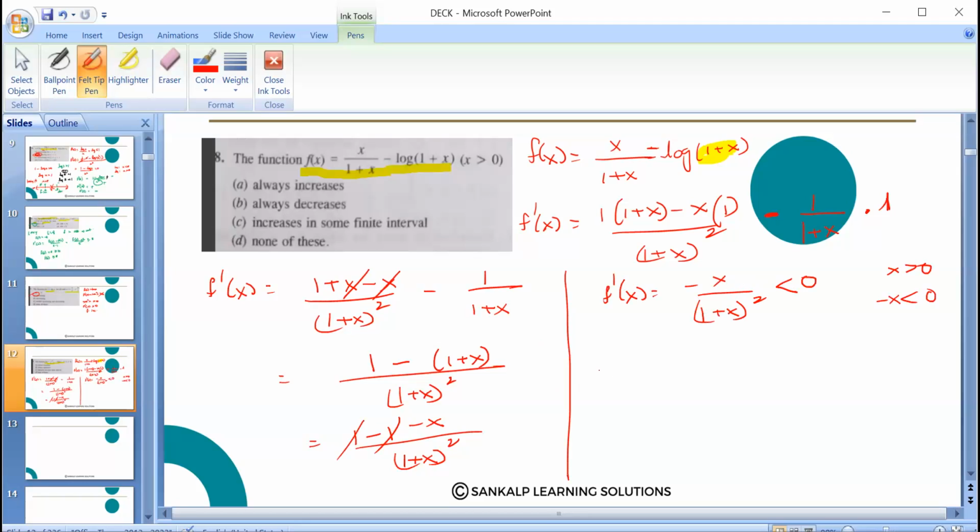So we got f dash less than 0. That means f is decreasing. f of x always decreases. So option B is correct.